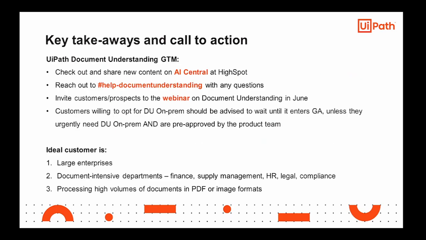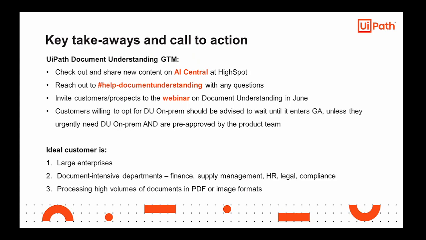This is almost our final slide, and I would like to conclude with key takeaways and a call to action. First of all, remember that all content and information on document understanding, both internal and customer-facing, can be found on AI Central at HighSpot. Also, feel free to reach out to the Help Document Understanding channel with any questions regarding the product.